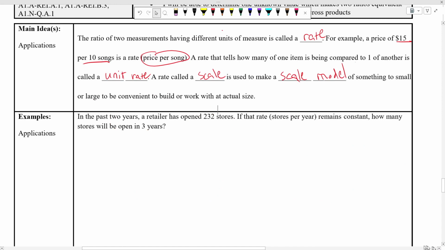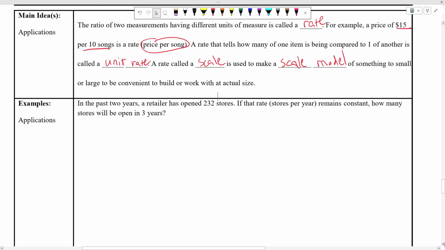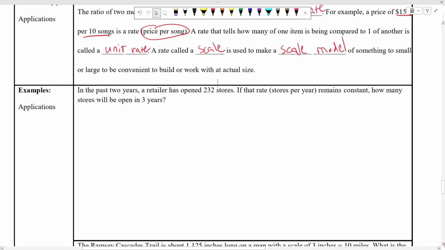But let's talk about something as it relates to maybe a retail store opening situation. We got stores, they're opening here. Let's read it here. In the past 2 years, a retailer has opened 232 stores.